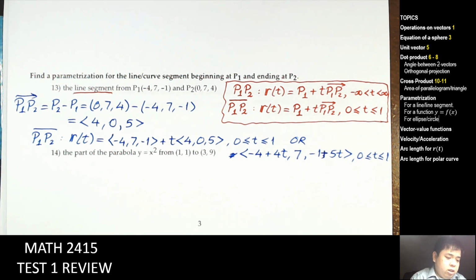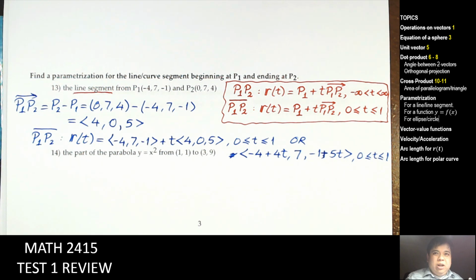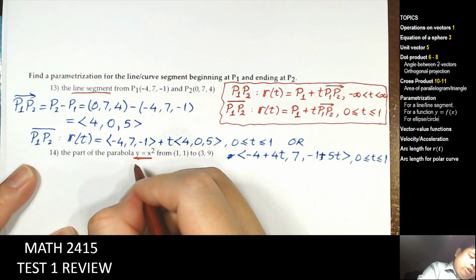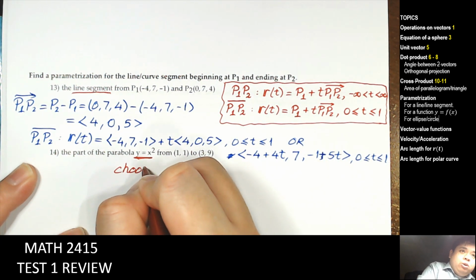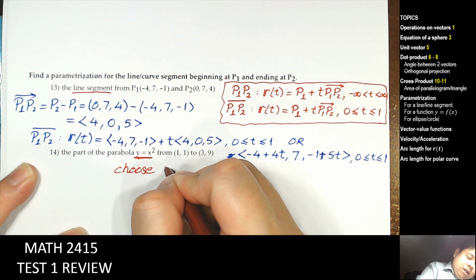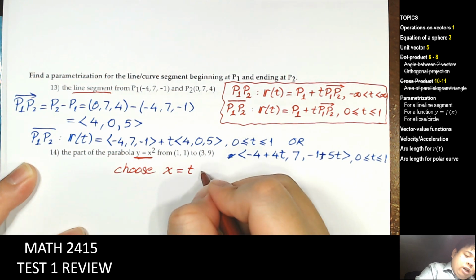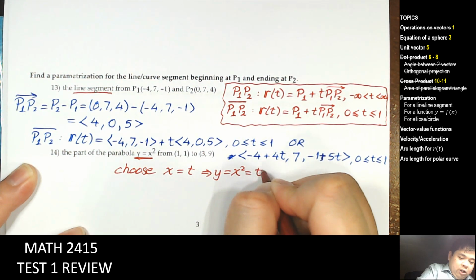Now we parameterize a function y equal to x squared. Usually for a function, this is the easiest one. All we do is choose one of the variables to be t. Conveniently, I would choose x to be t. So in which case, y equal to x squared is equal to t squared.